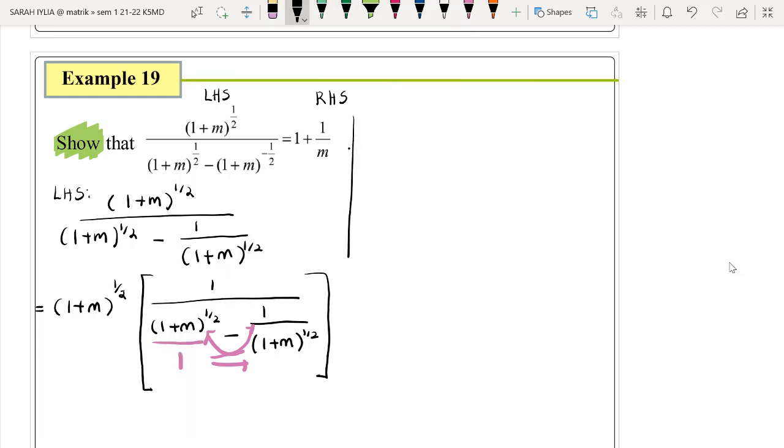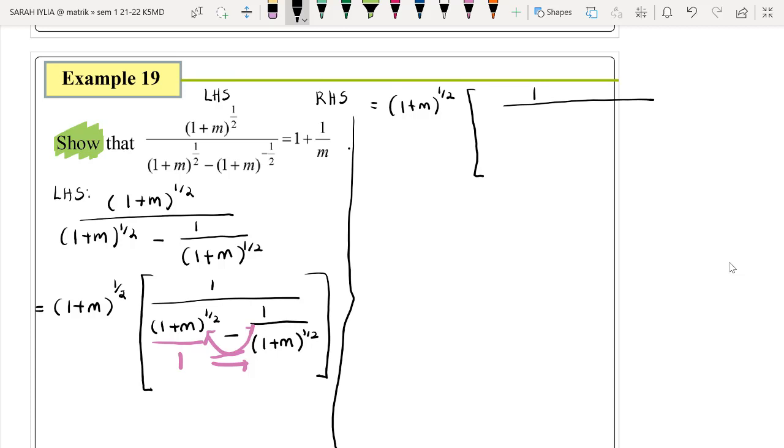So this would be equal to, saya sambung, 1 plus m to the power of half, times with 1 over, okay, kita darab kat situ. 1 plus m times half, to the power of half, times 1 over m to the power of half. Base dia sama kat sini. 1 tambah m. So, bila base sama, apa jadi kat kuasa? Kuasa kena tambah.